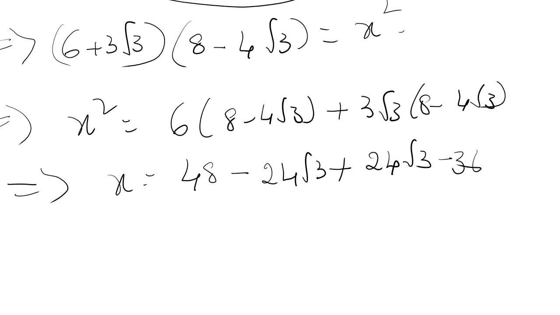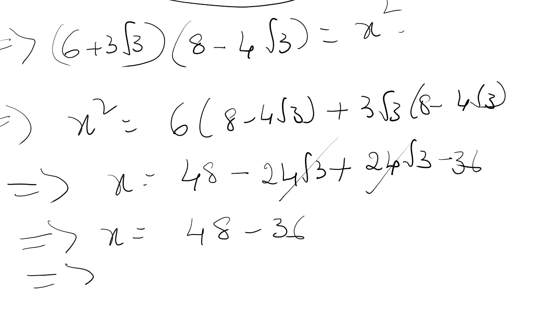So this implies x is equal to minus 24 root 3 plus 24 root 3 gets cancelled. So x is equal to 48 minus 36. So it implies x is equal to 12.